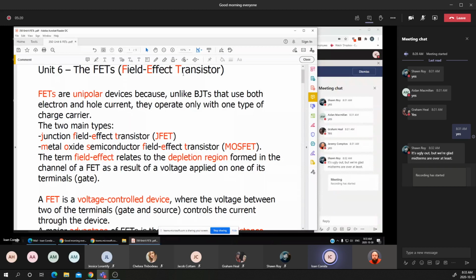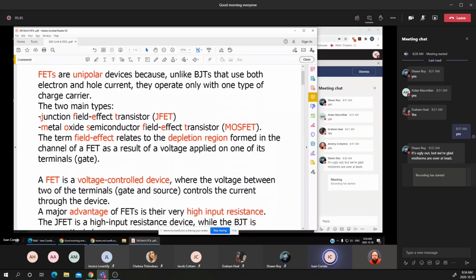For an FET, they are using just a single carrier. And that's why an FET is called unipolar, or has a single type of carrier that is used to have the current that flows through the FET.